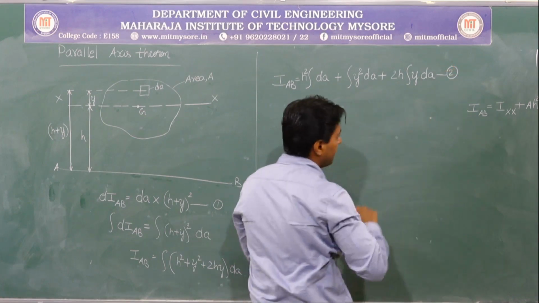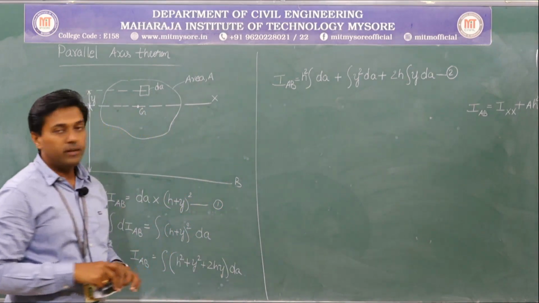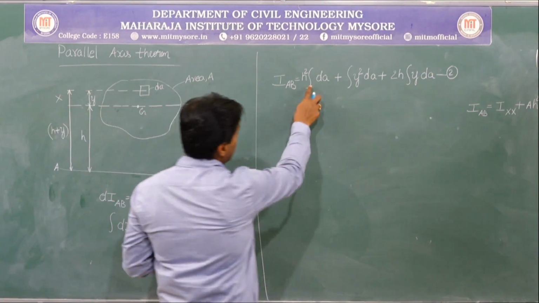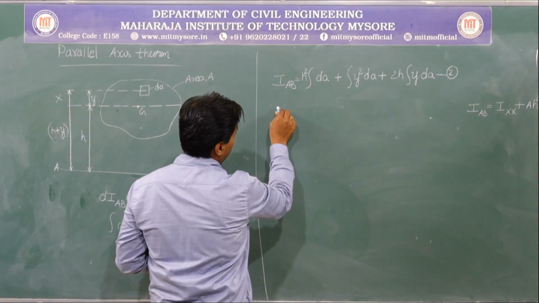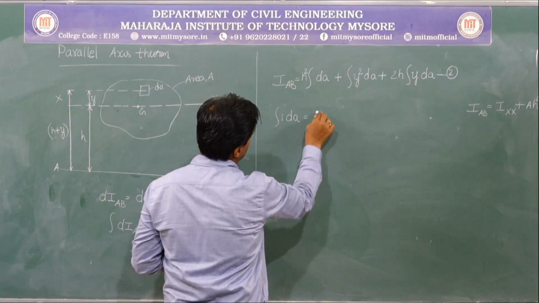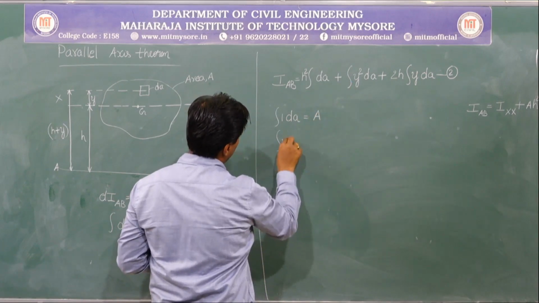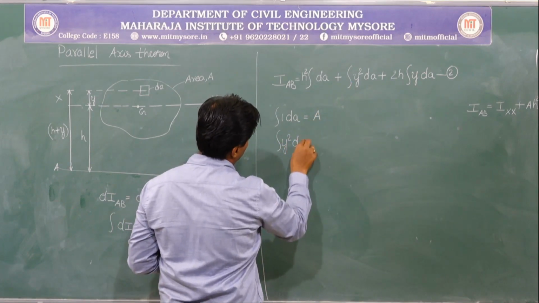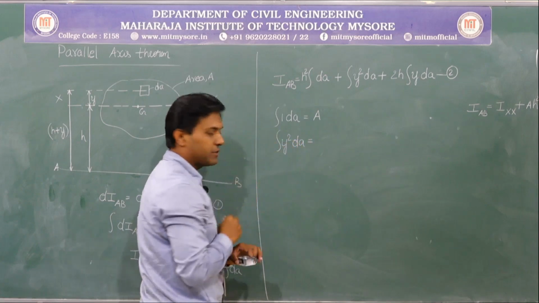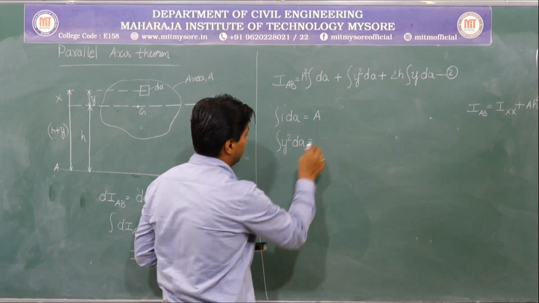Now what is the integral of 1 into dA? It is capital A. What is the integral of y square dA? It is Ixx, from the starting derivation.